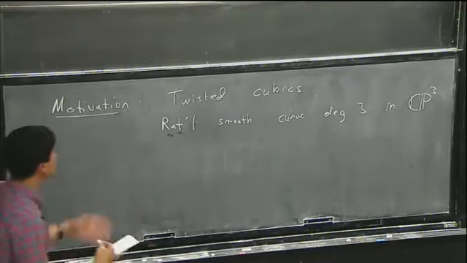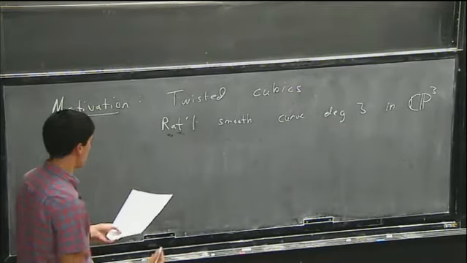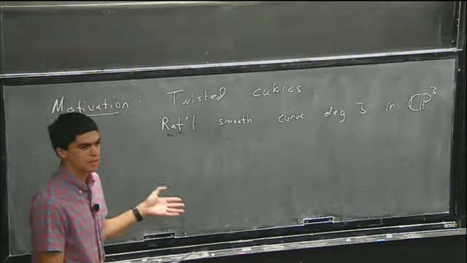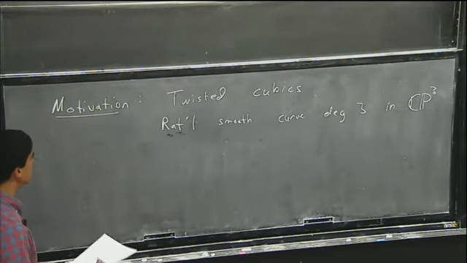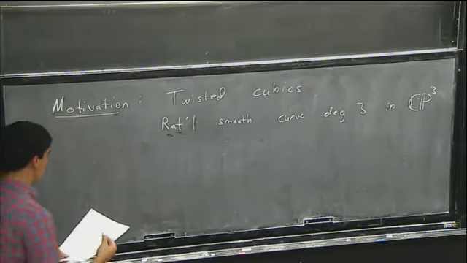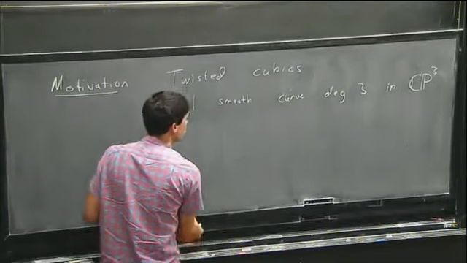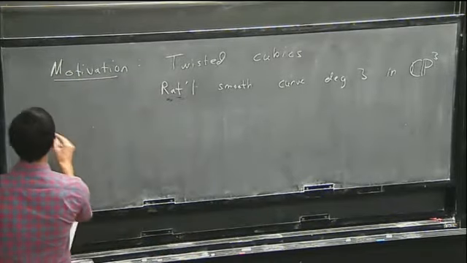Okay, so this is a very familiar object in algebraic geometry. It's often the first example you see of a projective variety that's not a complete intersection. And there are plenty of interesting enumerative questions you can ask about these, but here's one.